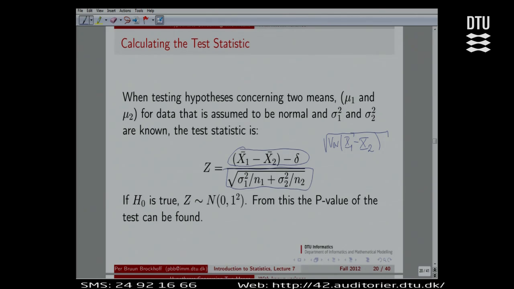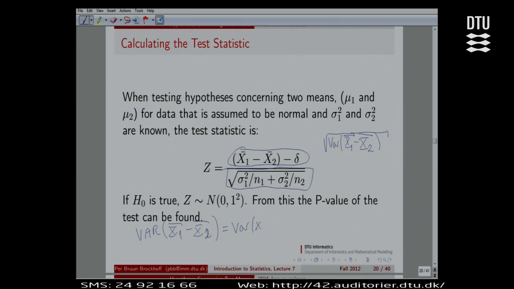I should emphasize here, I forgot to put the bars. It's the capital X1 and X2 bars, the averages considered as random variables themselves because they change from sample to sample.